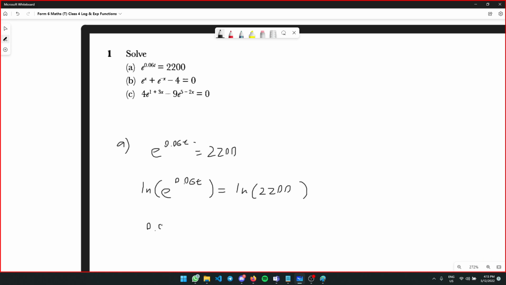That will give you 0.06t ln e equals ln 2200. Like I mentioned just now, ln is just the log of the natural number e. So when you have base e, that's basically 1. ln e is basically 1.